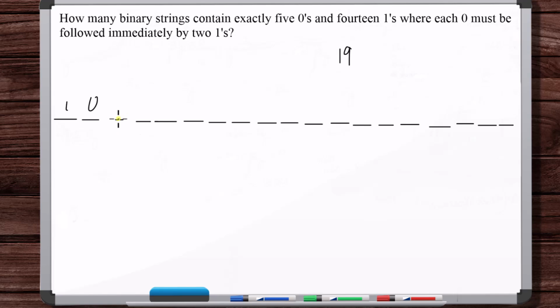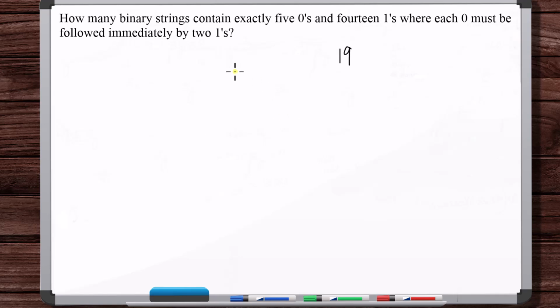You've got all these ones and zeros all over the place, right? But we know that there's 14 ones and 5 zeros. So the rearrangements, it's like if we had all 5 A's and 14 B's, right? You're doing 19 factorial over 14 factorial times 5 factorial.